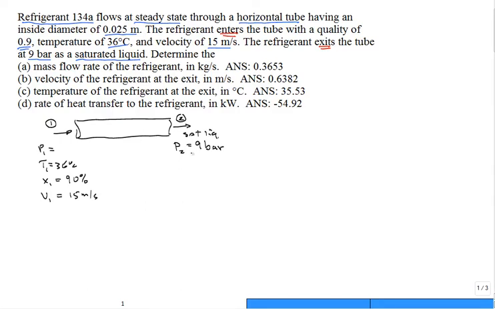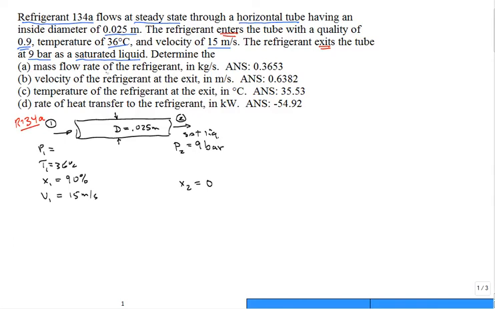If you wanted to, you could say, oh, we have the quality at 2 known. That's 0, saturated liquid. Okay. The diameter of the tube is given. Diameter of 0.025 meters. And we know that this is all refrigerant 134a.